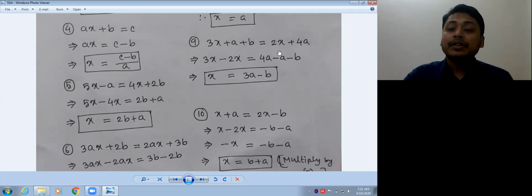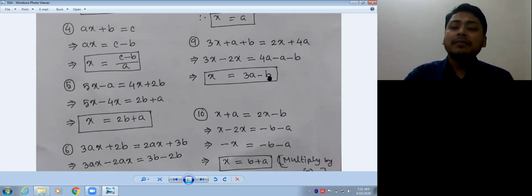Okay. So here, now minus 4a and minus 4b. Therefore, 3x minus 2x equals x, and 4a minus a is 3a, and this minus b. And this minus b cannot be subtracted with 3a because it's a group of a, and it's a group of b. That will be the answer.